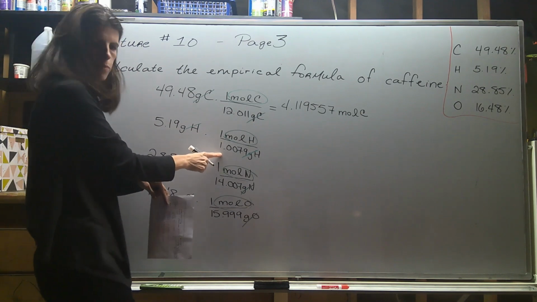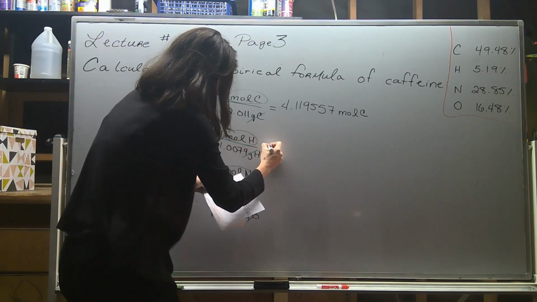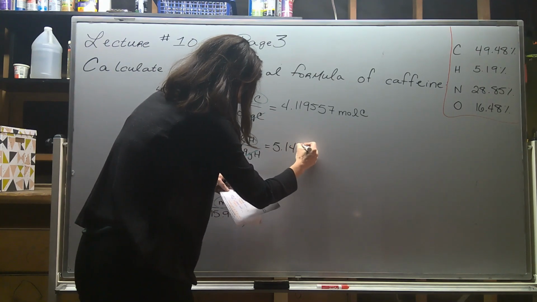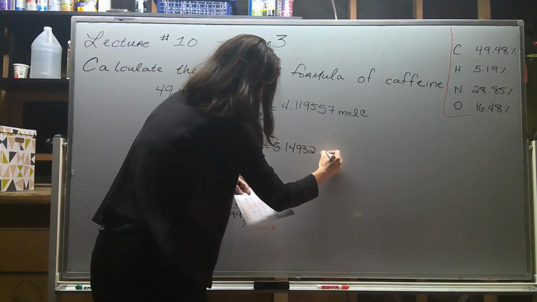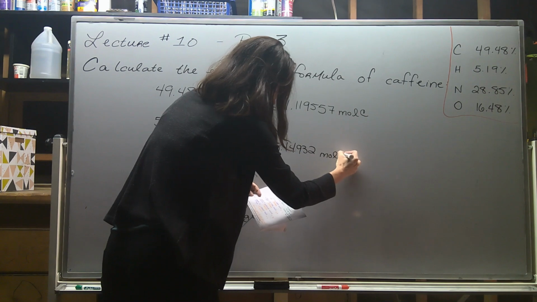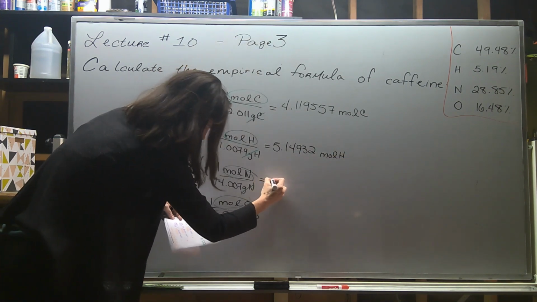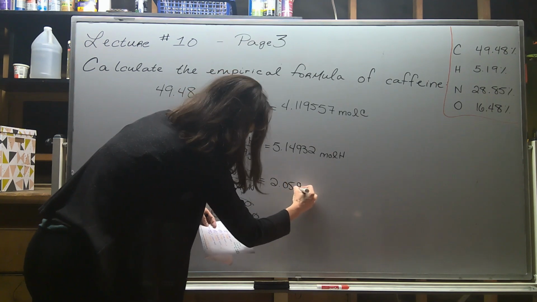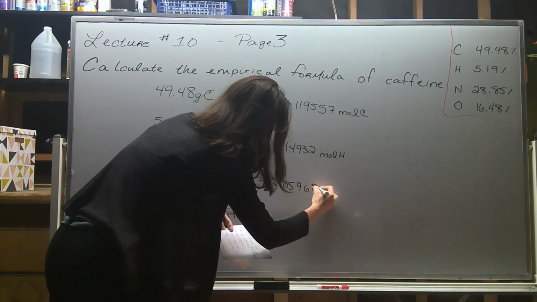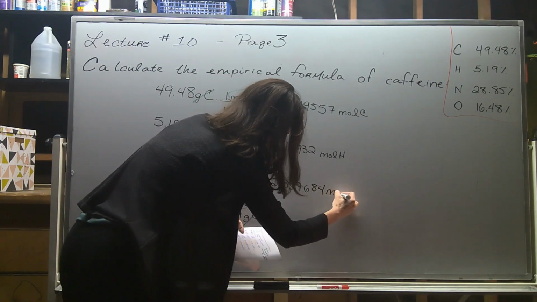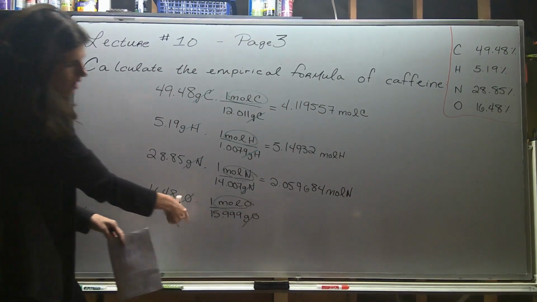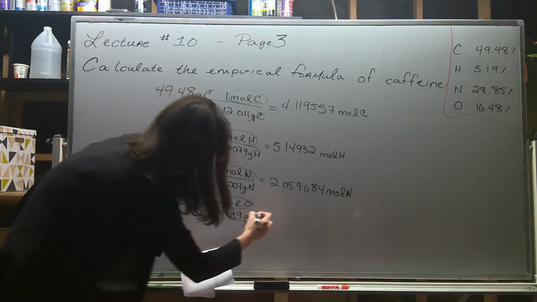Then 5.19 divided by 1.0079. And 16.48 divided by 15.99.